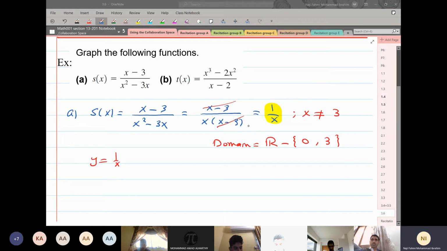We made this discussion of 1 over x yesterday. And this is a very basic function, which means we need to memorize the graph. I'm just going to put the graph in our notes and discuss what we need.